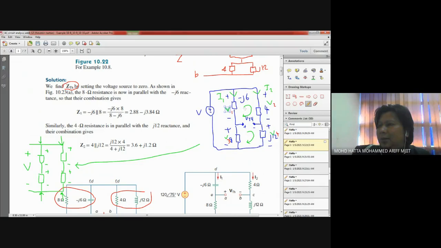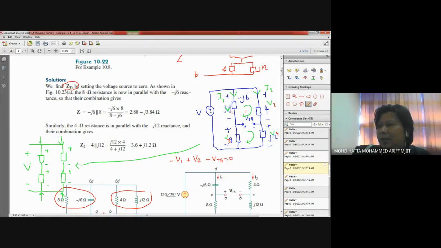For example, if I am using this first loop, if I start over here, I would say negative V1 plus V2 minus VTH equals 0.